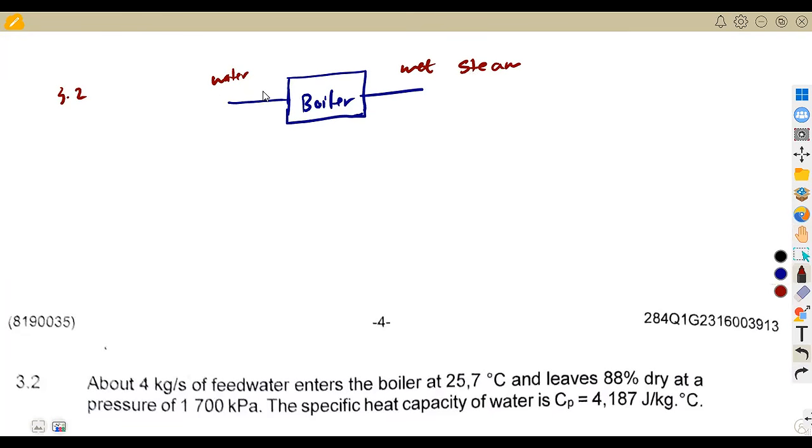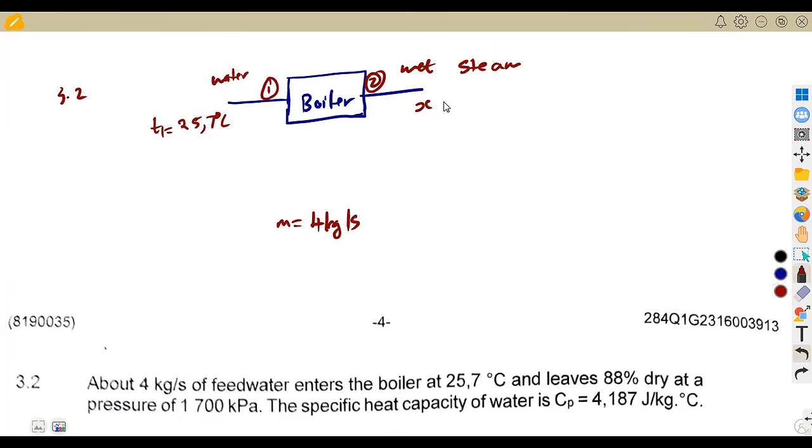All right, so the first stage and our second stage are given here. We're given the mass of 4 kilograms per second for feed water entering the boiler at a temperature of 25.7 degrees Celsius and leaving at 88% dry.